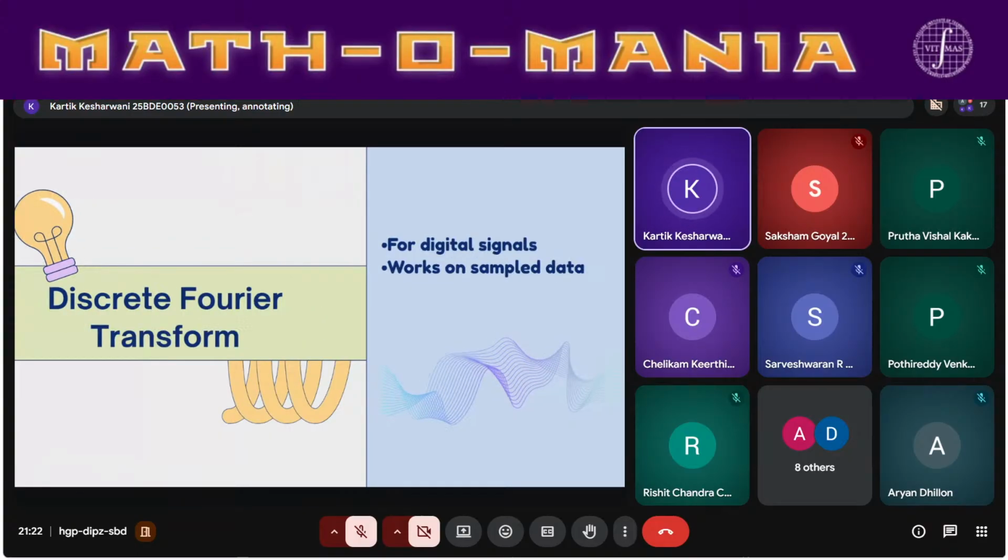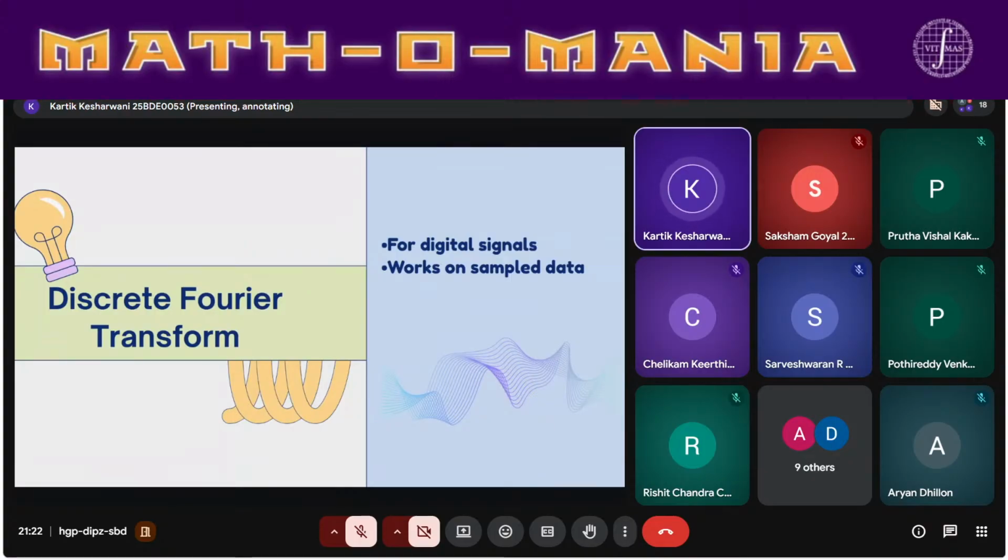This brings us to the discrete Fourier transform, or DFT. The DFT is specially designed for signals that are discrete and finite. Instead of dealing with a continuous function, we now work with a sequence of numbers. What this means is that we take a finite number of samples of a signal and transform them into a finite number of frequency components.